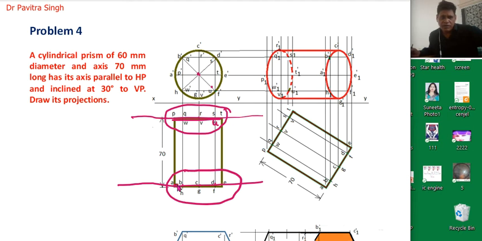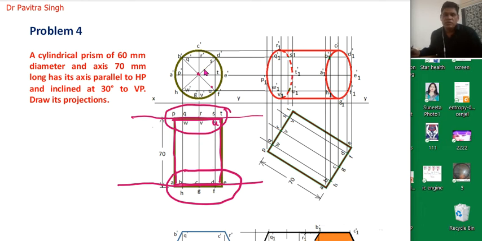So we will get this line for the top surface. So the bottom surface will be this, and the top surface will be this, and this will be the circumference, meaning the periphery of the cylinder.